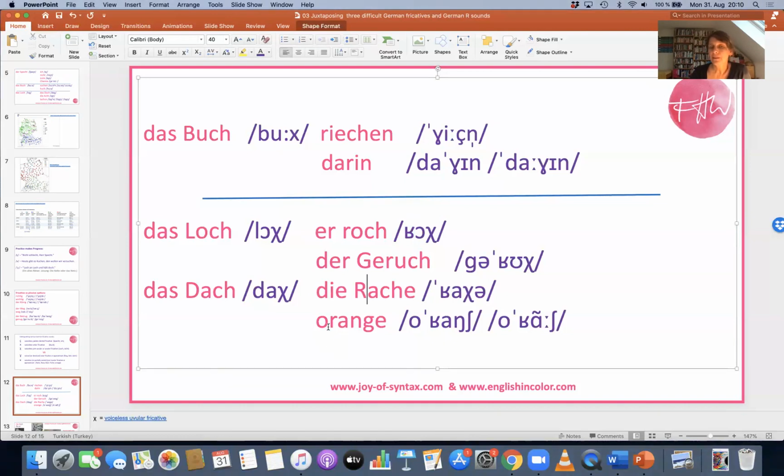And then here we sometimes have an approximant and sometimes not. Some people say orange, some say orange. That's a different story. It's a borrowed word from French, and in French we have the nasal vowels, and in German we don't, only in those words borrowed from French.